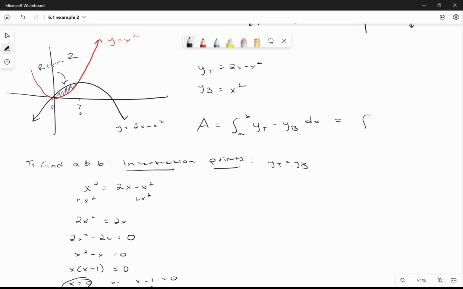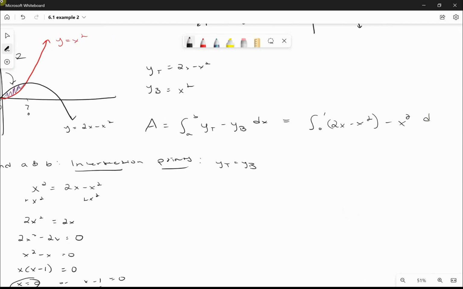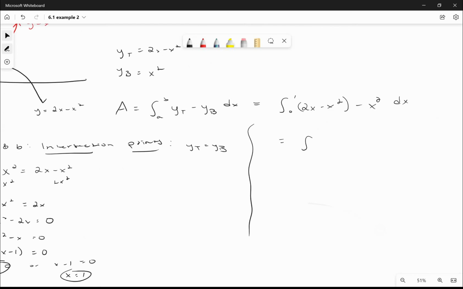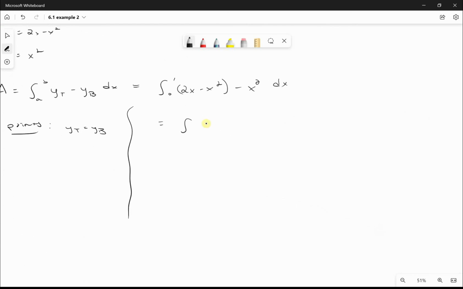So this is the integral from 0 to 1 of 2x minus x squared, that's our yt, minus x squared, that's our yb, right? And now it's just a matter of actually integrating, right? So let's kind of center this here. Right, so we can just get rid of those parentheses there and combine those like terms.